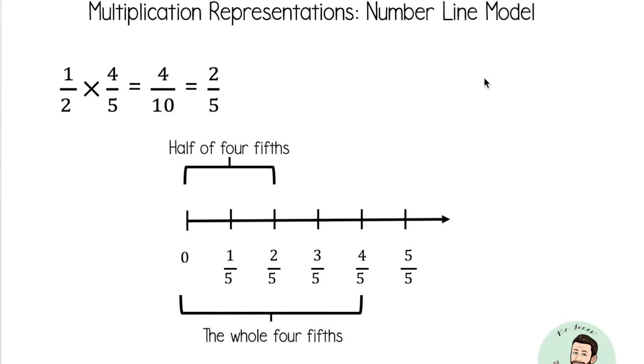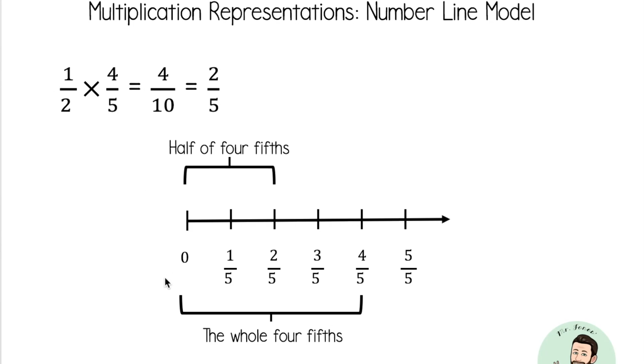So a number line model works really well as well. In this case, you take one of your fractions to be your whole, and then you divide it by what the other fraction is saying. So in this case, I flip the expression, which I'm allowed to do. When we multiply, we can change the order of the 2 numbers that we're multiplying, and it still produces the same product.